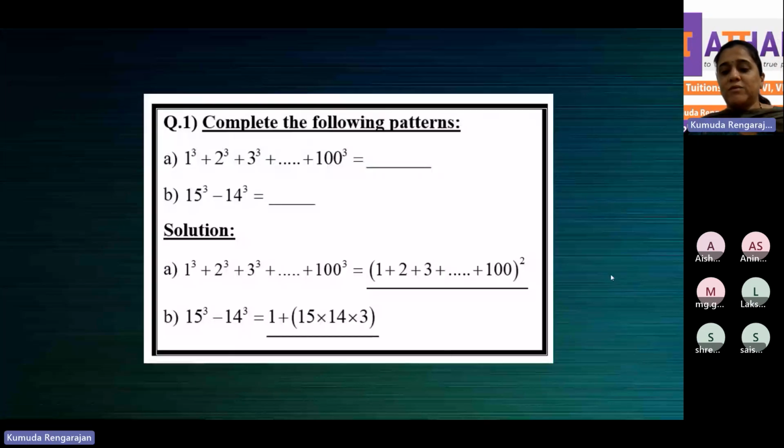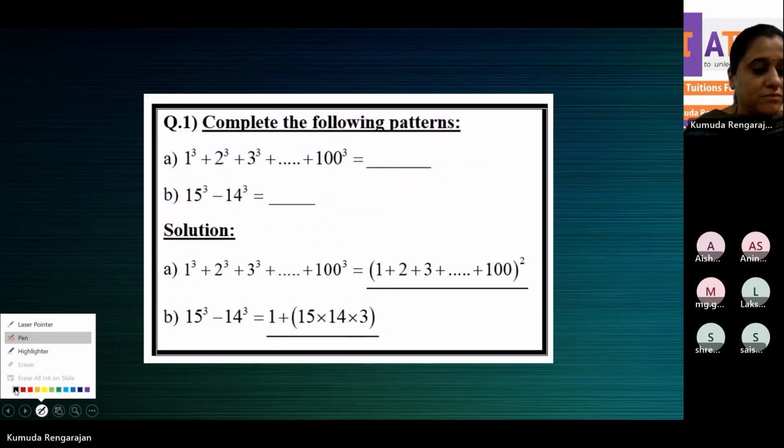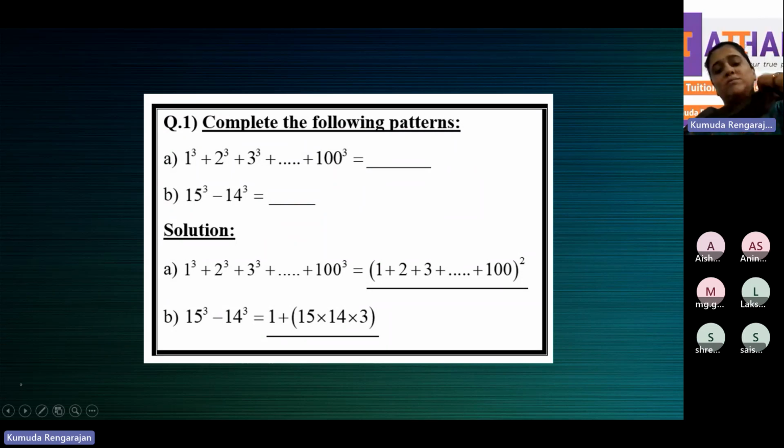So you just need to find the sum of the numbers. If you have not completed the homework, maybe you can take down the answers now, children.